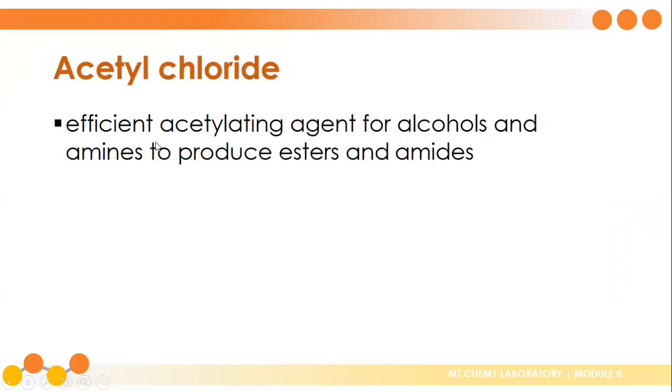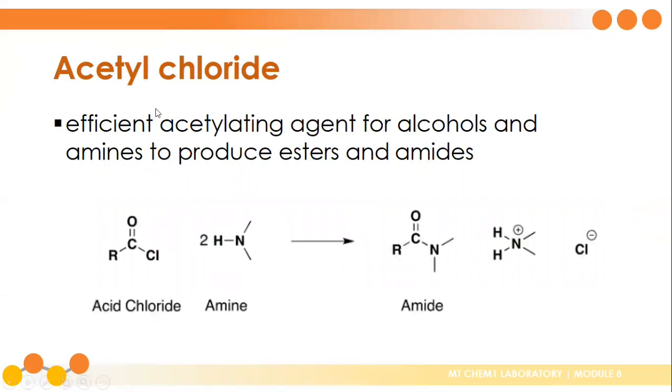Acetyl chloride is an efficient acetylating agent for alcohols and amines to produce esters and amides. Acetyl chloride is an example of an acid chloride, again a derivative of carboxylic acid. If you mix it with an amine, it will produce an amide.